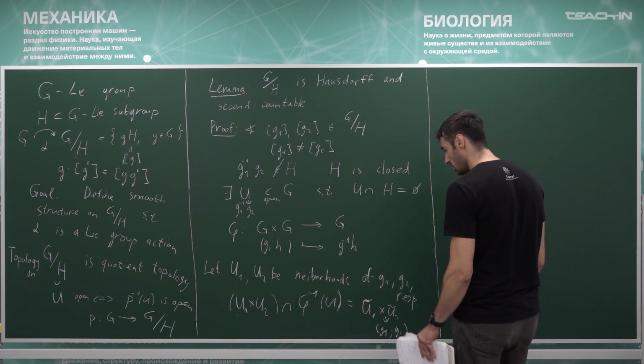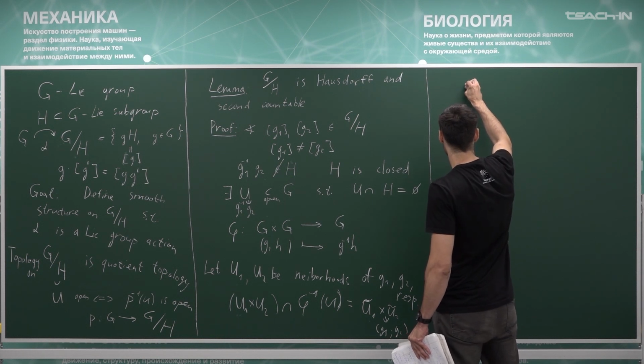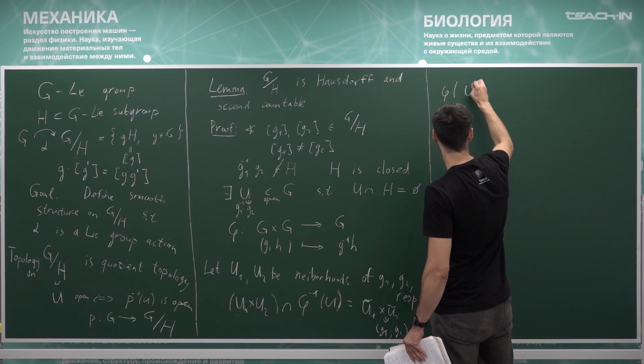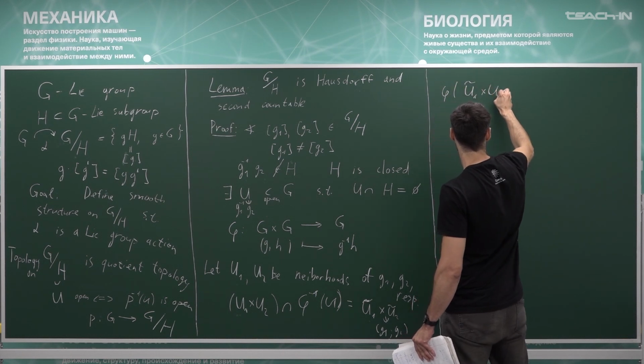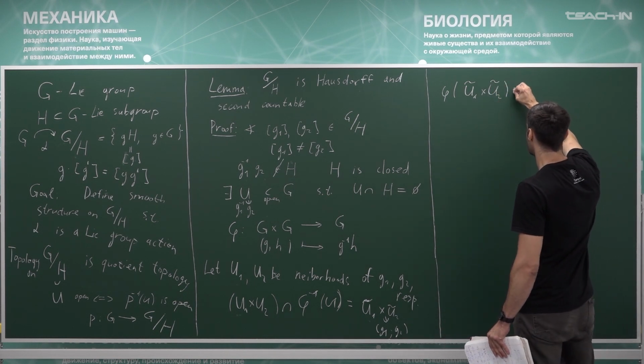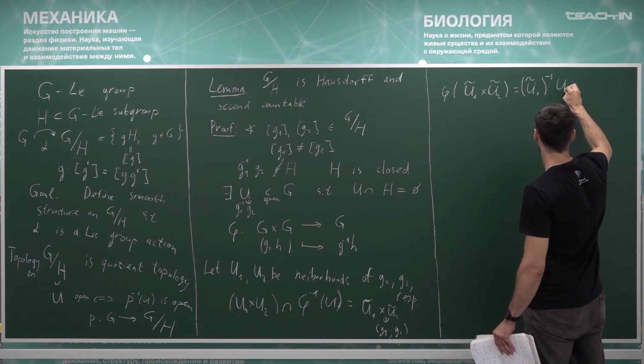And moreover, if I map it back by phi, meaning phi of U1 tilde times U2 tilde, it is U1 tilde inverse U2 tilde.